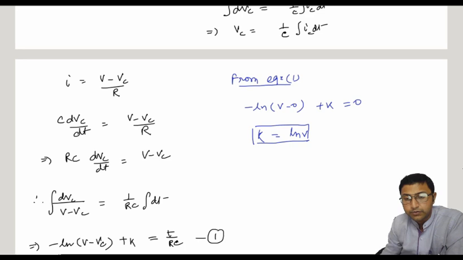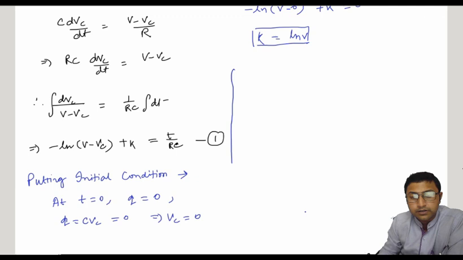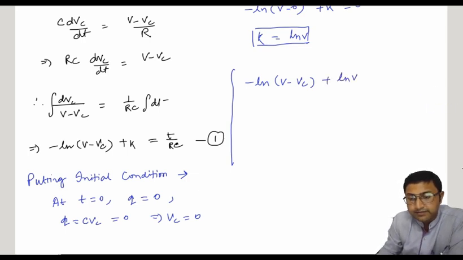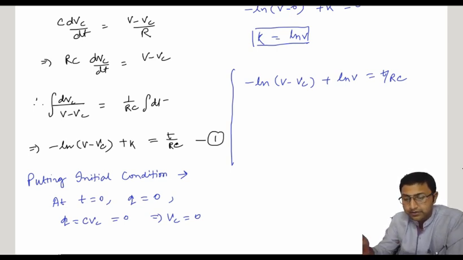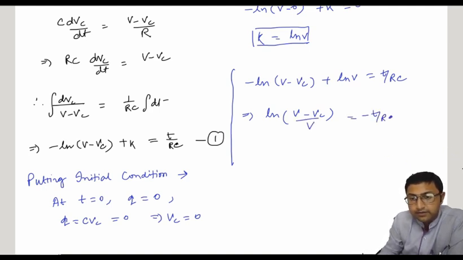So now from equation 1, if we put the value of k, the equation will look like minus ln of v minus vc. What is the value of k? That is plus ln v. So that is equal to t by rc. So now it is simply logarithm. We can write ln of v minus vc by v, that is equal to minus t by rc, right?